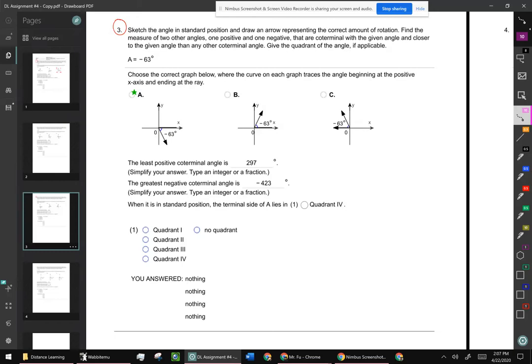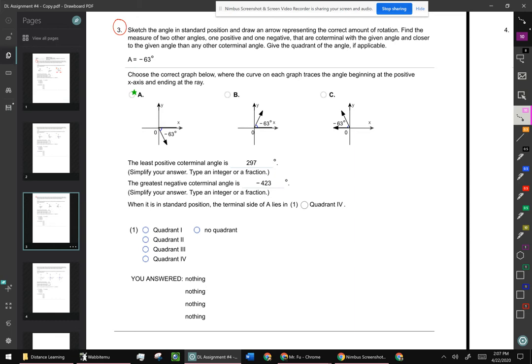Similarly, negative 423 means that if I go negative 63 that way, I can go another 360. So it's negative 63 and then another negative 360, which gets you negative 423.